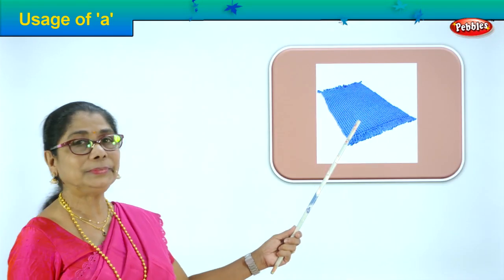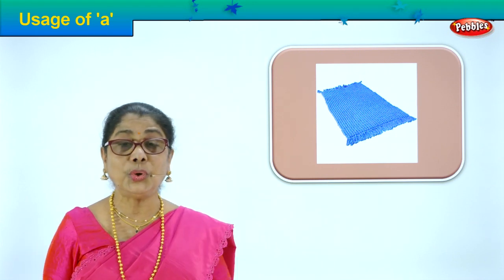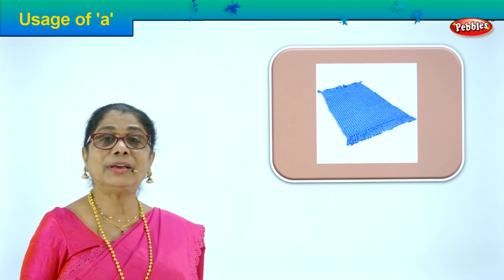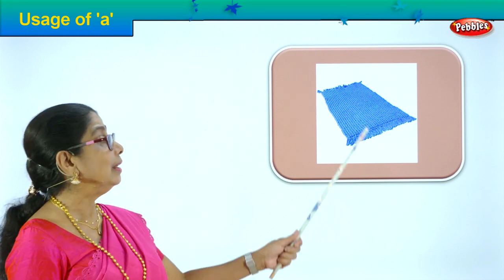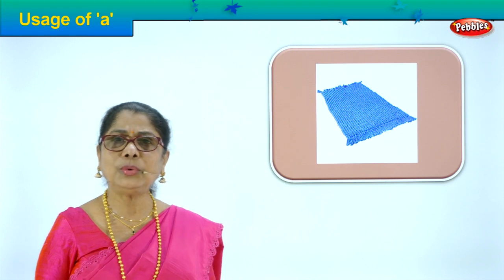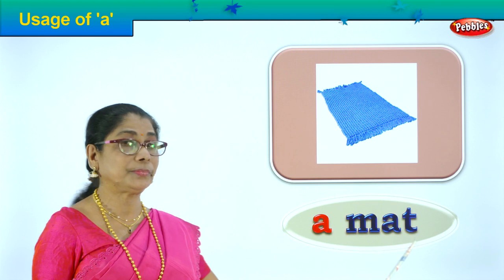What do you have here? A doormat. Yes? Where do we put it? In front of the door, next to the bed where you sit down, or grandma likes you to have it near the chair to wipe her feet. This is a mat, a doormat. What will you put before the mat?